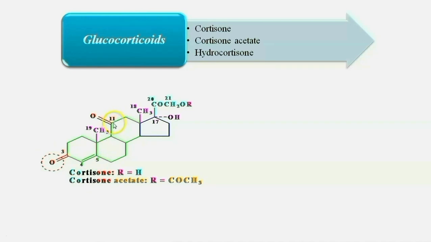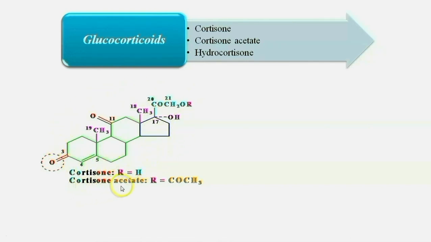At the 11th position again a ketonic function is present in the structure of cortisone, and at the 17th position this alpha hydroxyl group is present, and this COCH2OR; if you replace this R with hydrogen you will get the structure of cortisone. At the 18th and 19th positions a methyl group is present. This is the structure of cortisone.